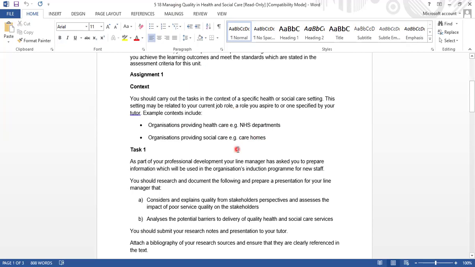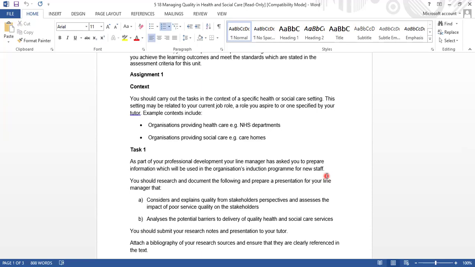The first task is, as part of your professional development, your line manager has asked you to prepare information. This information will be used in the organization's induction program, so it's for new staff. Sometimes information has to be very succinct.